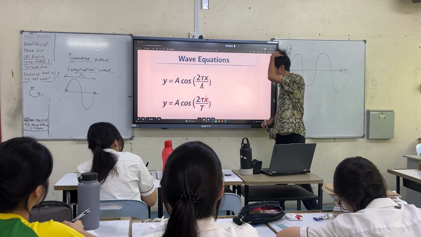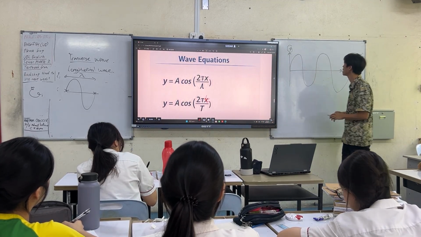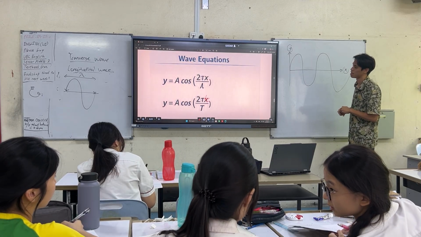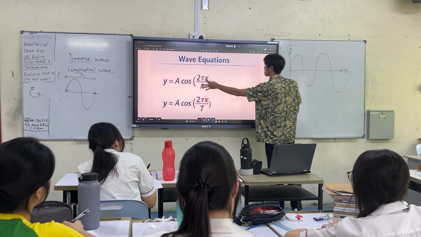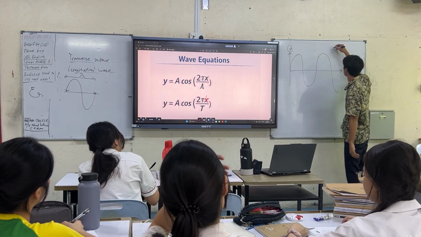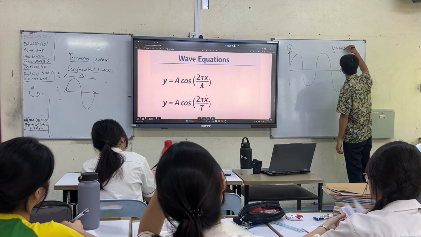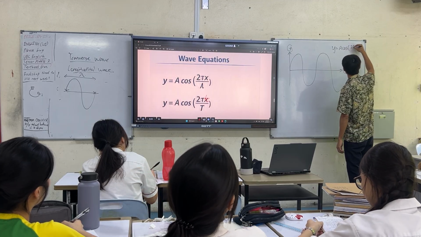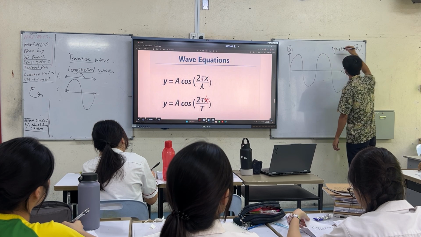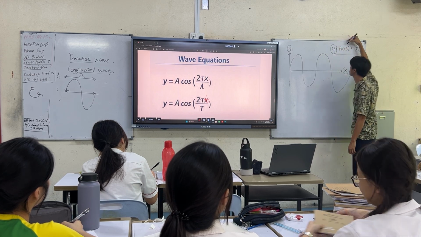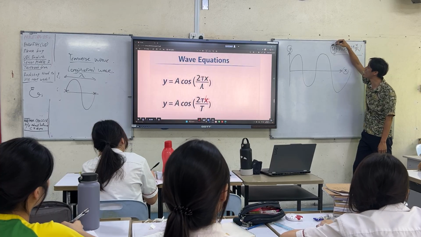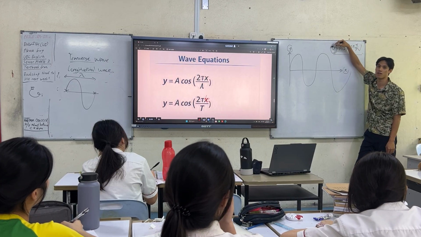Later I will explain. For example, I'm using this one: y equals a cos 2 pi x over lambda. What is the first thing? y. This equation is about understanding the height of the wave at a certain position.